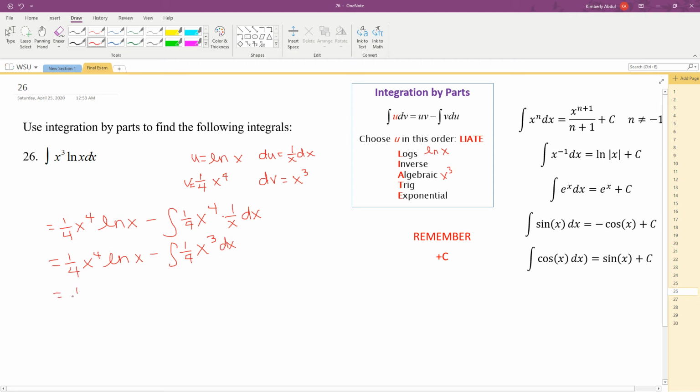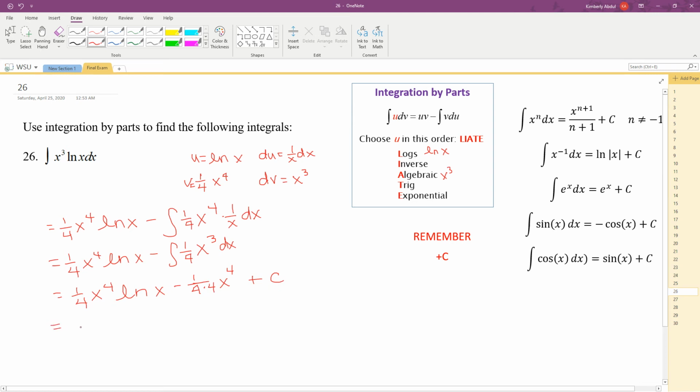So now, after going through to actually do the integral, I'm going to get minus 1 over 4, increase my exponent by 1, and then divide by the raised exponent. And then at the end, I need to make sure to add on a constant.